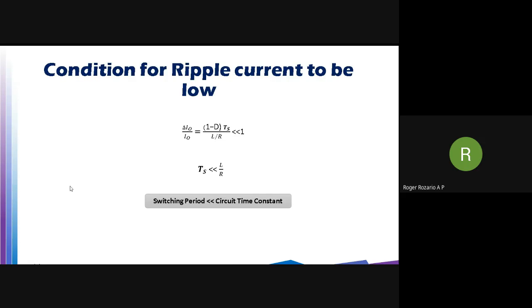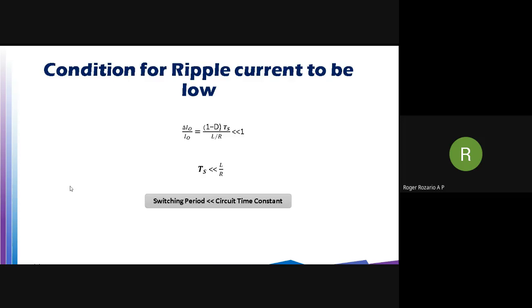Now, gradually, one by one, we are considering the non-idealities in the circuit. The first non-ideality we discussed was the ripple current in the converter. The output current was not continuous constant, and the output voltage is also not constant as we assumed.